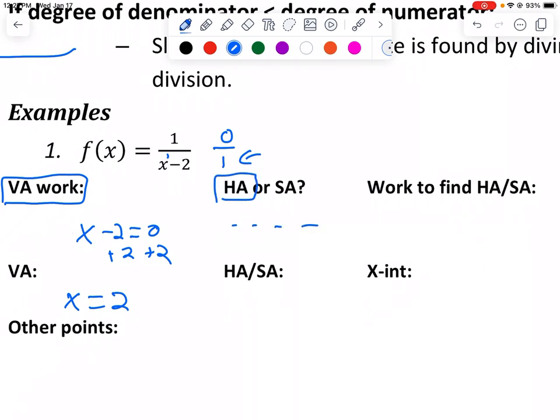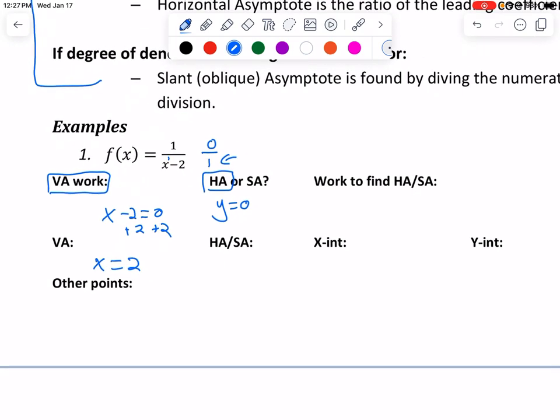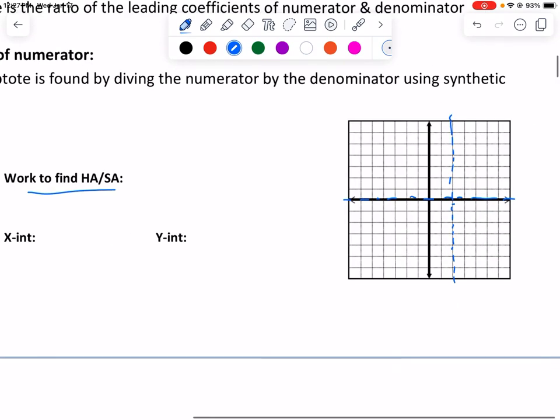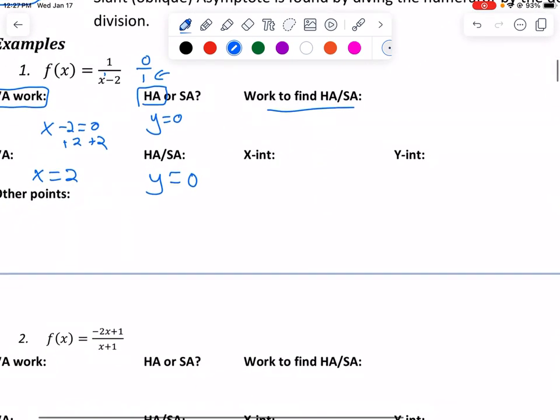That's going to be a horizontal line going through our graph. And for this, it's going to be at y equals 0. I'll show you what some of the other ones look like when we do the other problems. There's really no work to find that. That's just known, okay? So y equals 0 is our horizontal asymptote, and on the graph there's this line that our function won't cross, okay?